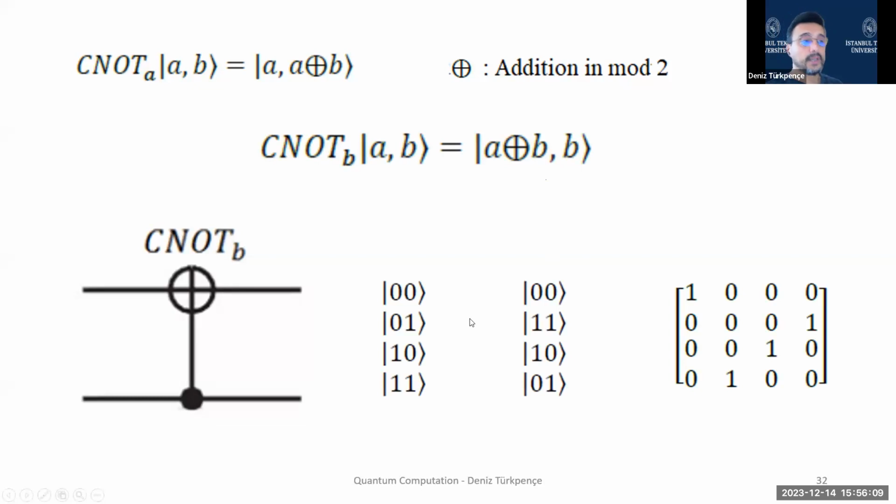And the rule is now, if the second qubit is in state 1, then apply NOT gate to the first qubit. If you apply this truth table, and this is the circuit, this is the matrix representation of the CNOT gate with a different target and control qubit.